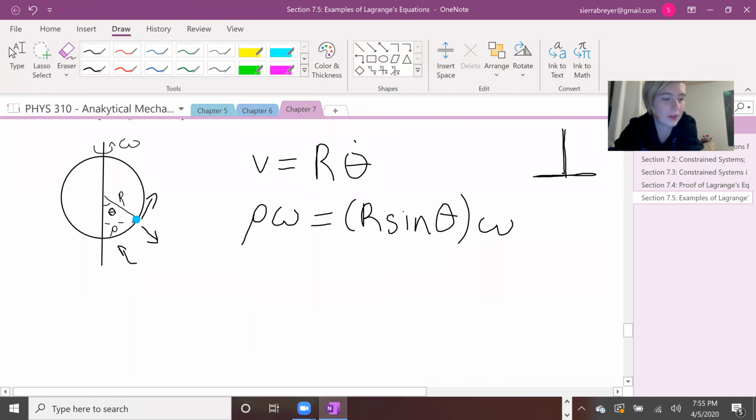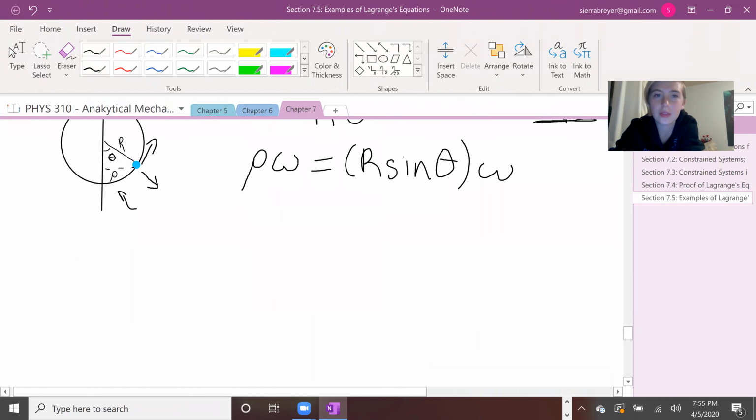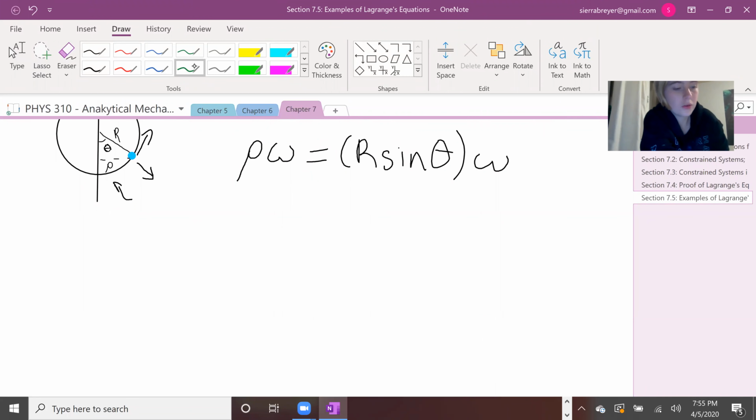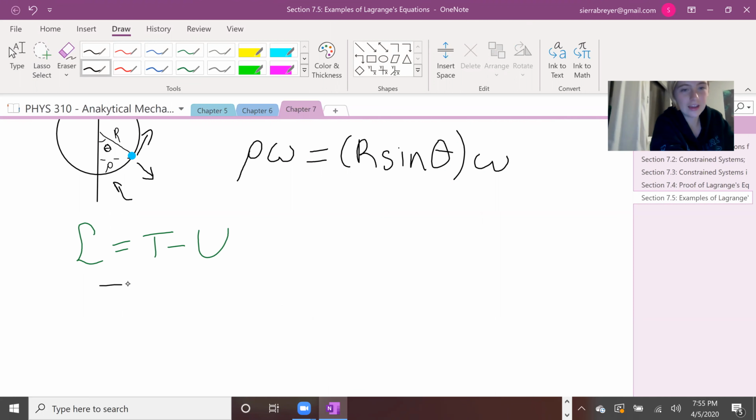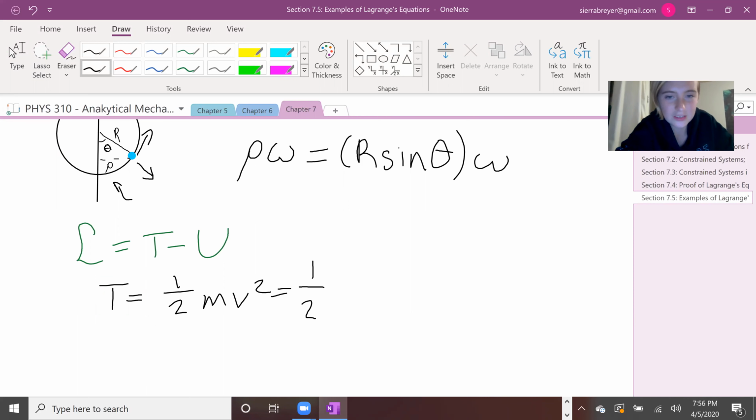So I'm going to take you down from the hoop and we're going to start in on the Lagrange equations. So write out Lagrange here. Boom. Cutest little equation you'll ever have to memorize. So we're going to go ahead and start solving that. We need our kinetic energy, which is going to be 1/2 mv squared. What is v squared? That's going to be both of those. It's the change of rho up here.